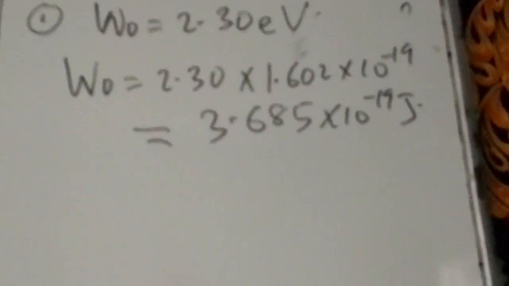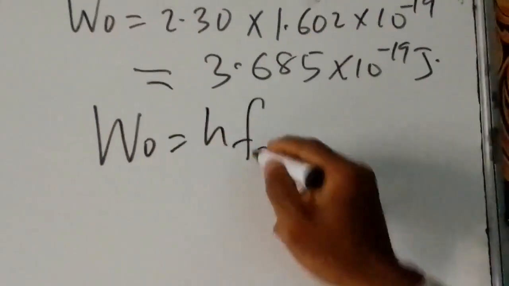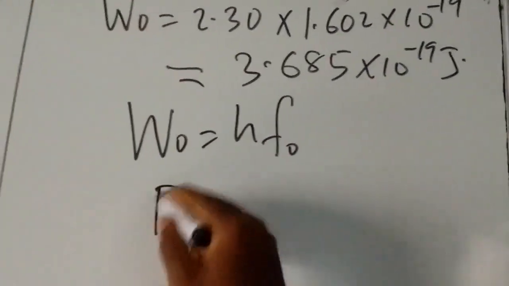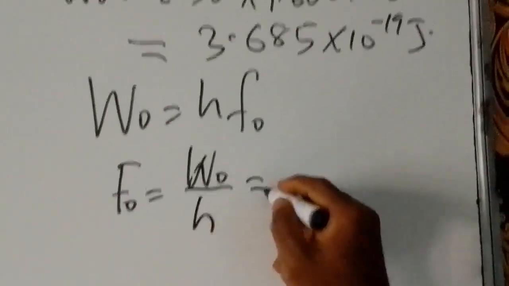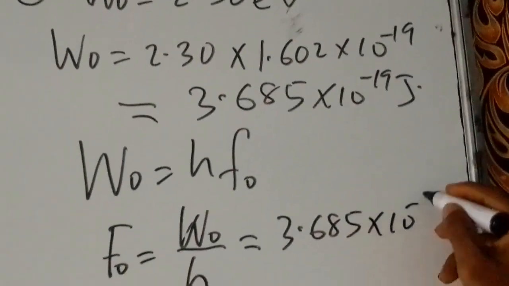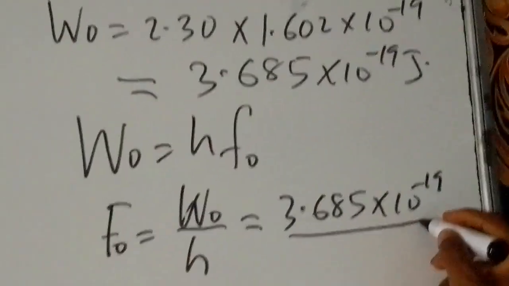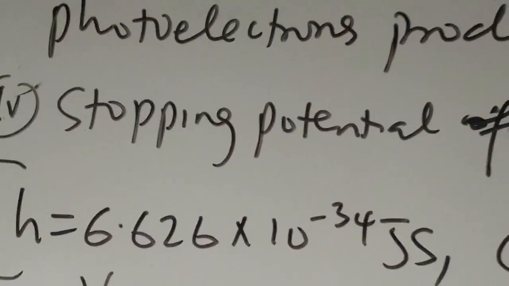Question one says we should find the threshold frequency. The work function equals Planck constant multiplied by threshold frequency, so the threshold frequency becomes work function over Planck constant, which is 3.685 × 10^-19 over 6.626 × 10^-34.